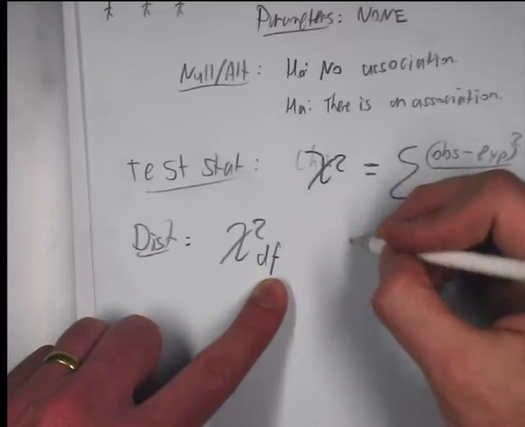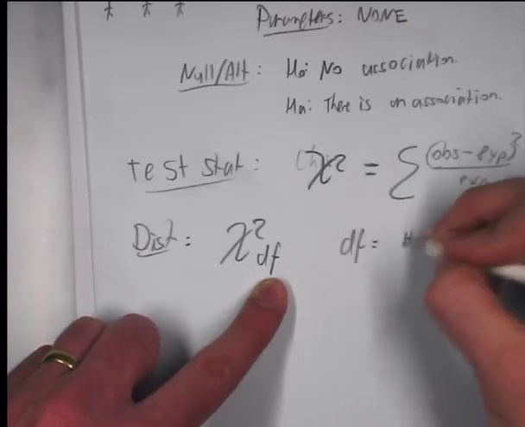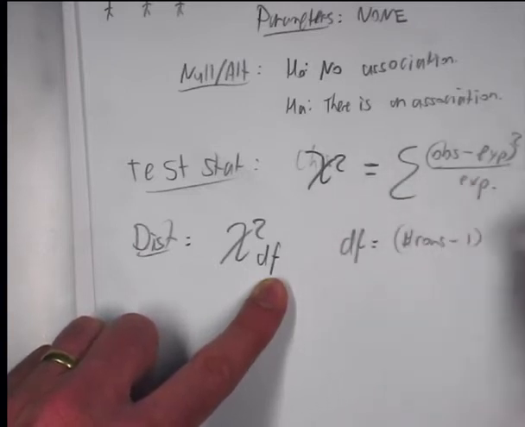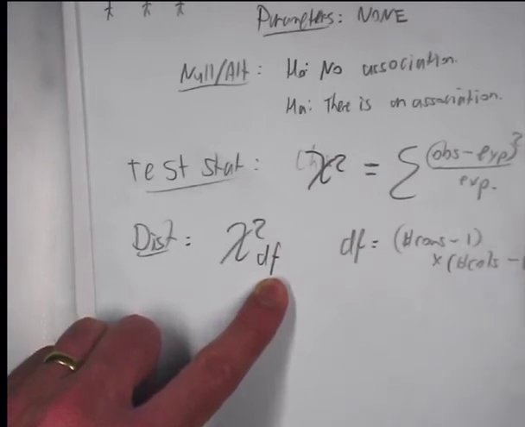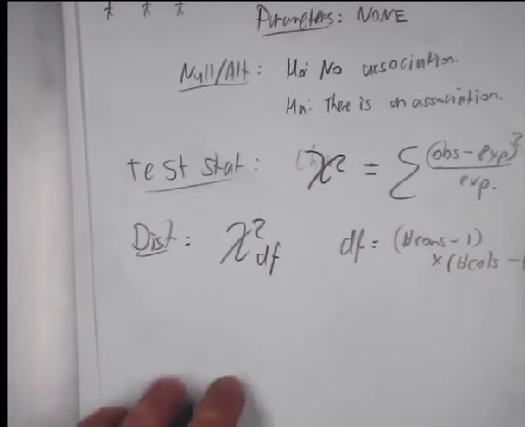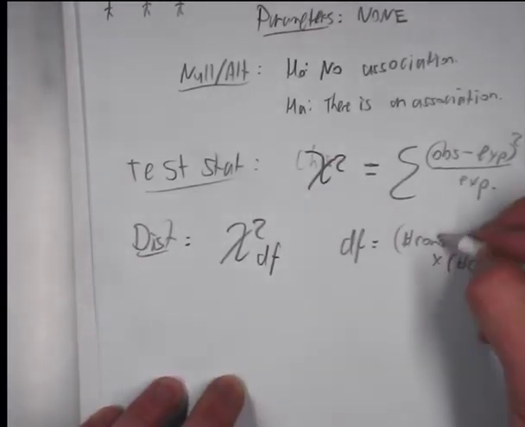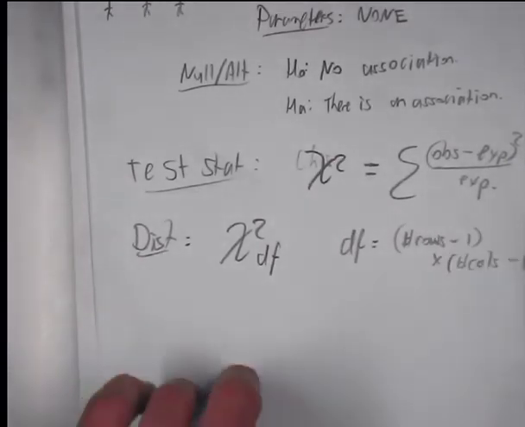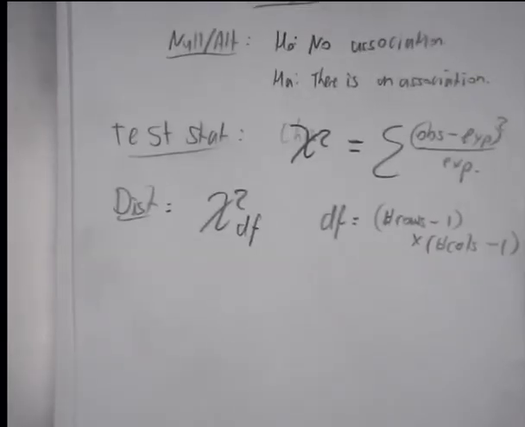So it's df equals number of rows minus 1 times number of columns minus 1. But there's a much easier way to figure it out. You multiply those two numbers together.